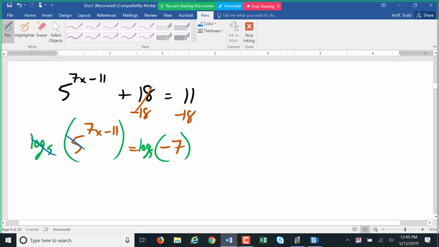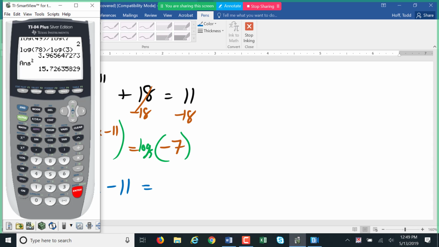On the left side, the log base 5 and the base of 5 in the exponent cancel out. That's 7x minus 11. However, on the other side, log of negative 7, I'm not even going to try to do the log divided by the log of 5 because we cannot take the log of a negative number. Actually, we can't even take the log of 0.